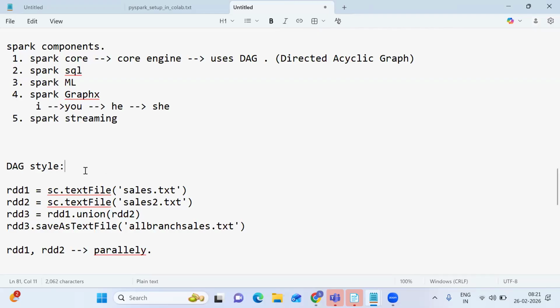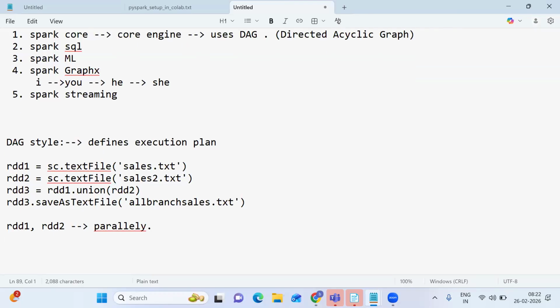So the DAG, what is it doing? It defines the execution plan. What is the plan? RDD1, RDD2 parallelly. If both are successful, then RDD3.